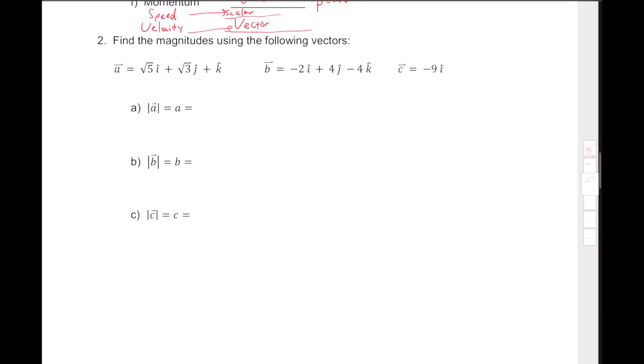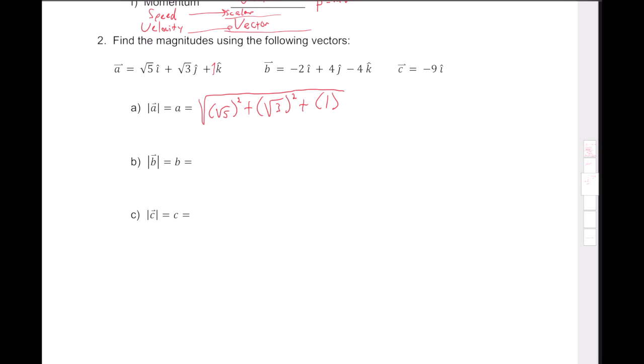Okay. Magnitudes of vectors. So fresh, so clean. This is actually a pretty easy process. What you're going to do for any of these, let's take a vector as an example, is look at each component and square it. So the i hat component squared plus the j hat component squared plus the k hat component squared.